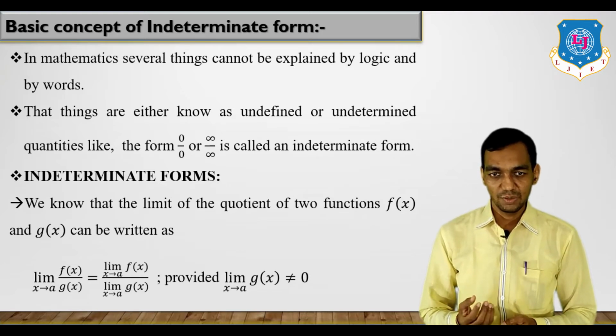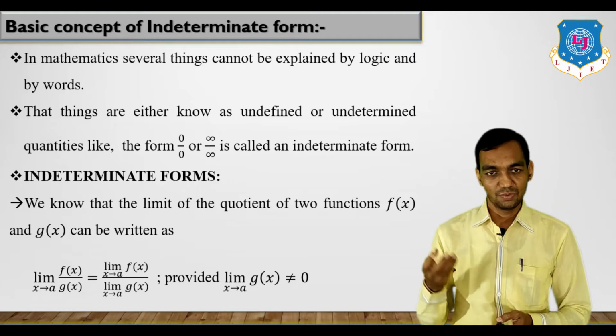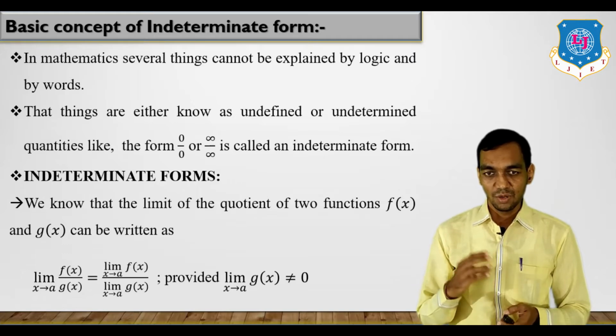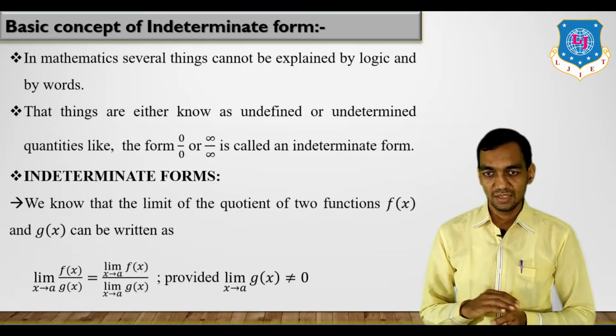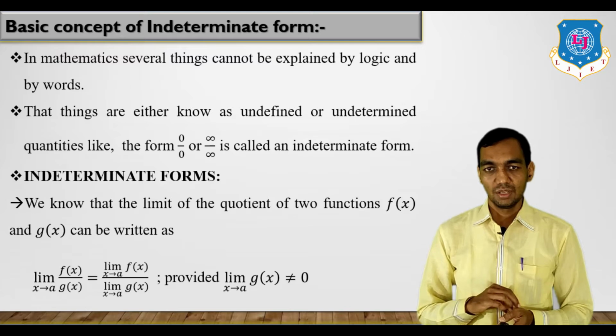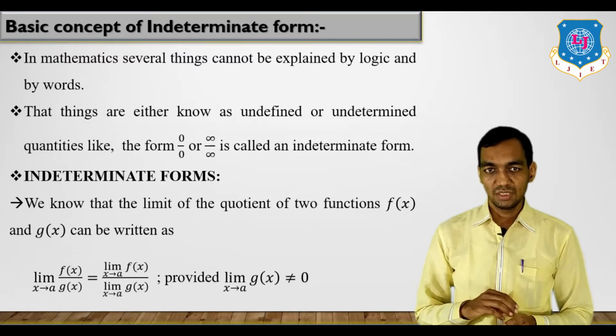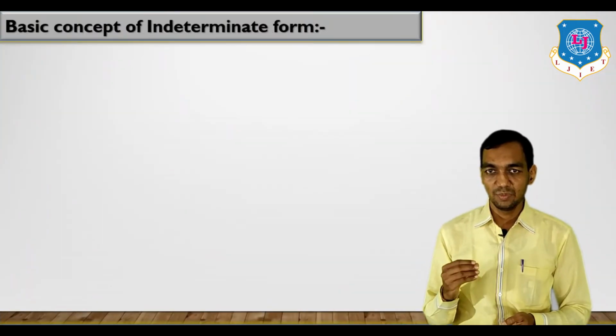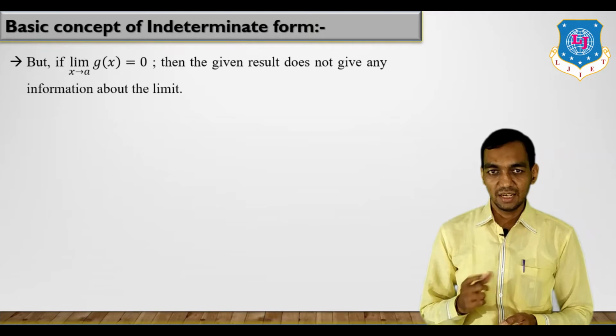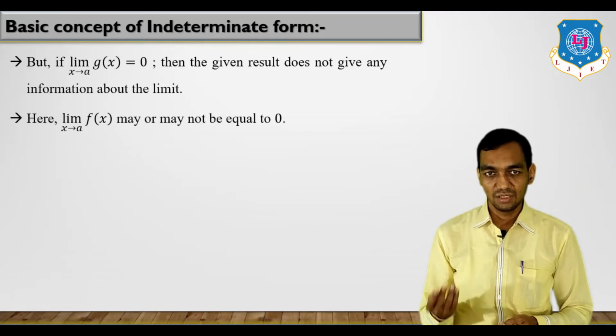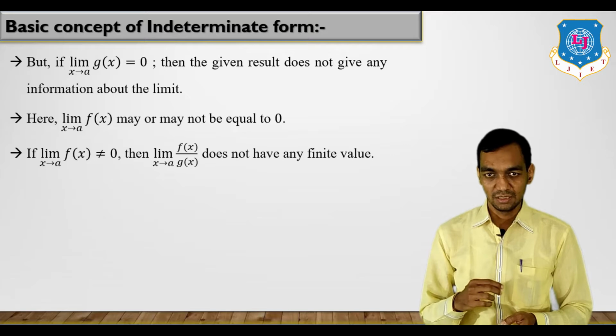Then by properties of limits we can separate the limit in numerator and denominator, provided that the denominator has a non-zero limit. Now, suppose that the denominator has a limit 0, then in that case we are concerned with the limit of the numerator, that means the limit of f(x).